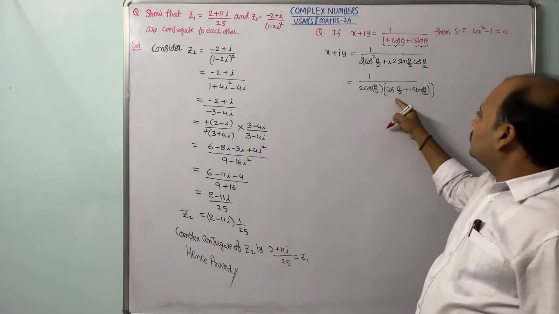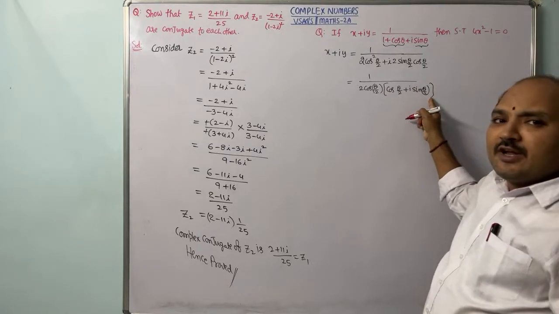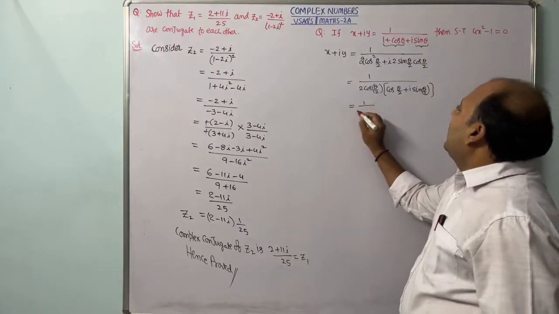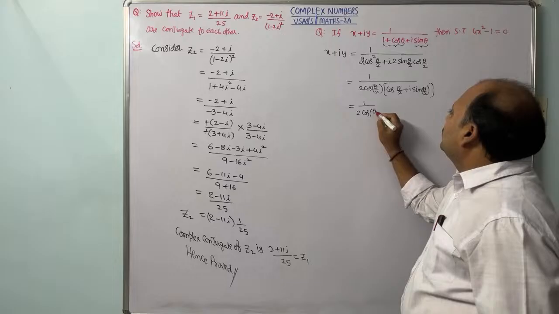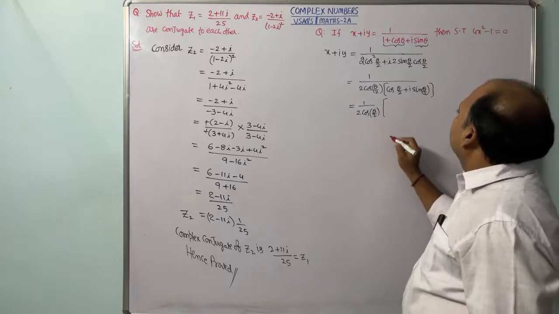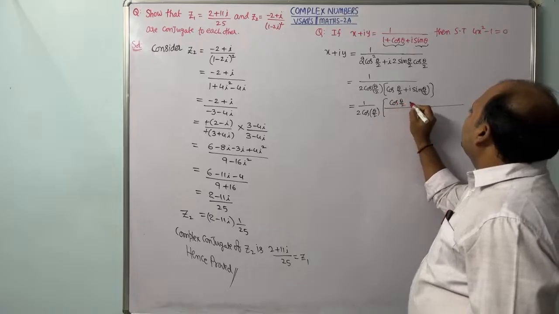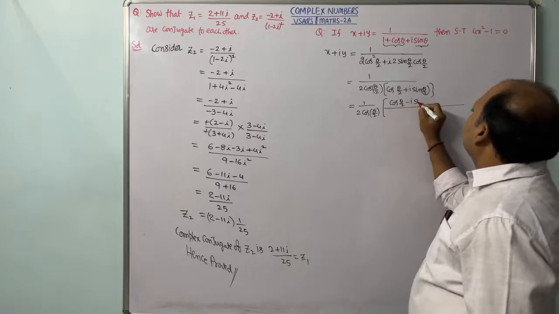The complex conjugate of cos theta plus i sin theta is cos theta minus i sin theta, dear students. So 1 by 2 cos theta by 2, and here we are multiplying and dividing with cos theta by 2 minus i sin theta by 2.